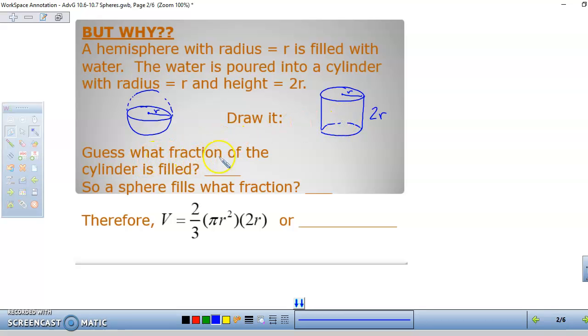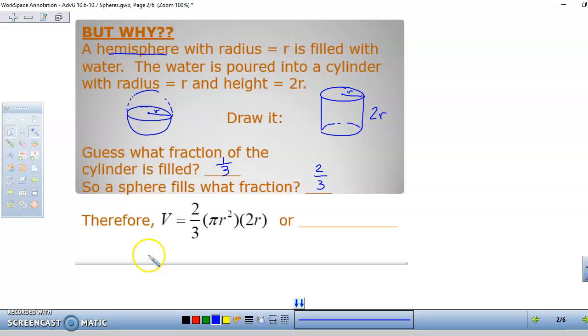Guess what fraction of the cylinder is filled? If we do a hemisphere and pour it into the cylinder, the cylinder would be filled 1/3 of the way. So that 1/3 comes back up again. If I pour in a whole sphere, the cylinder would be 2/3 full.